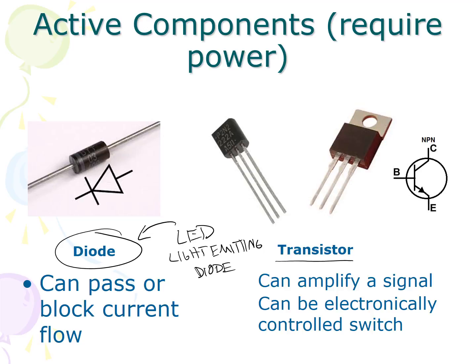Next, there's a transistor. That's another active component. What a transistor does, I think of it like a valve. If I wanted to supply power to B, that would in a sense open up the line for current to pass through the transistor.